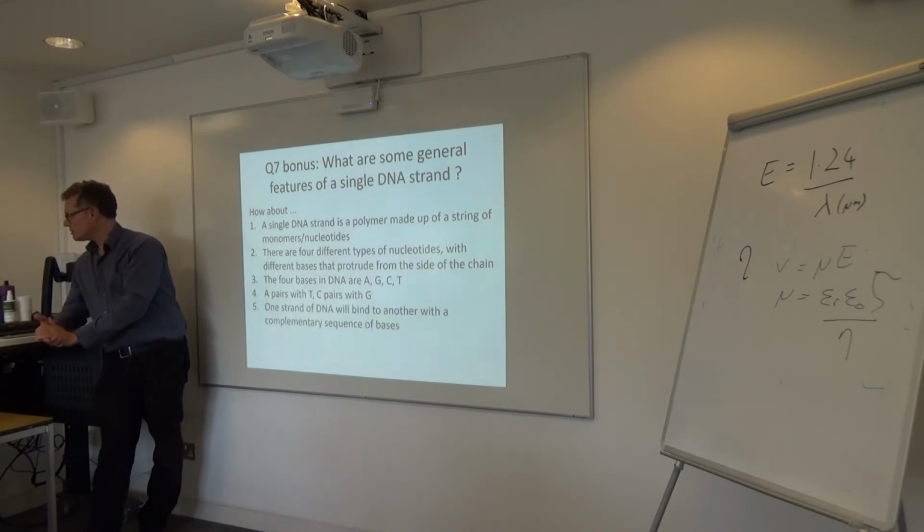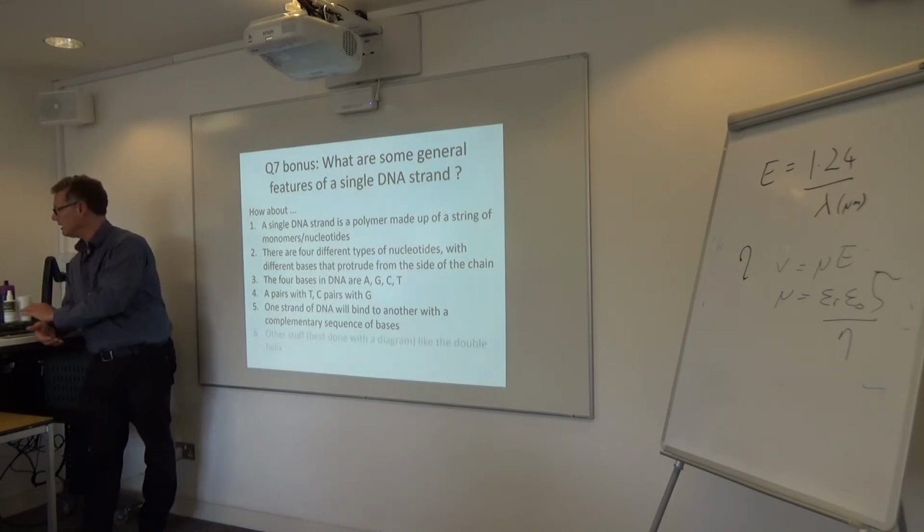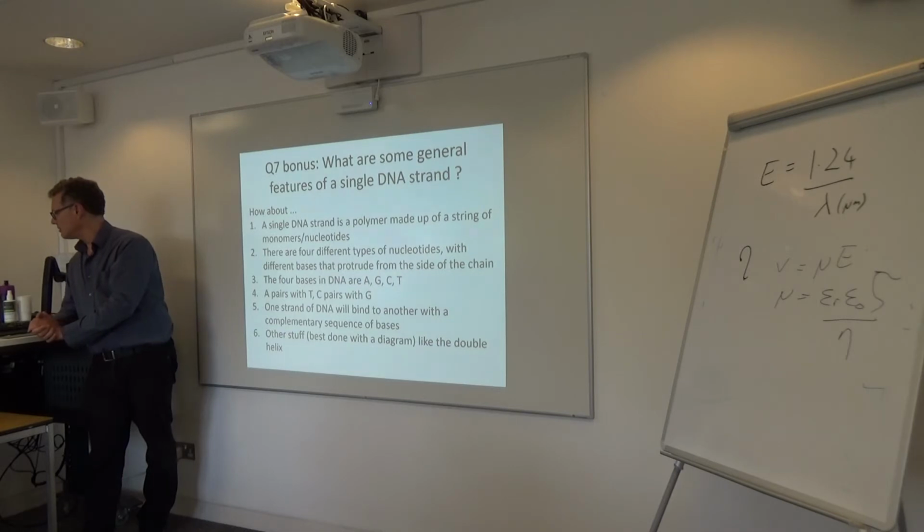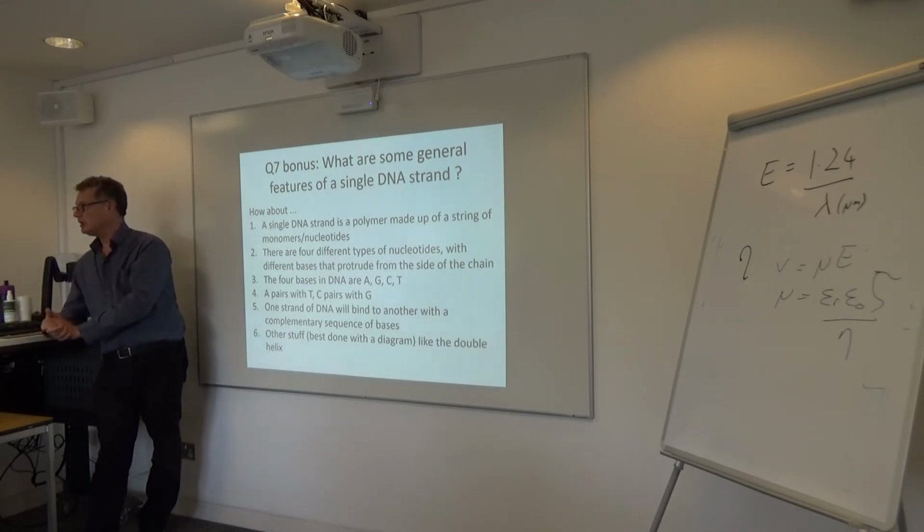You could talk about how one strand, they're complementary, and therefore you can store information. I suppose you could also maybe mention RNA. Again, there are no negative marks for other stuff. Well, we mentioned the helix, so yeah.